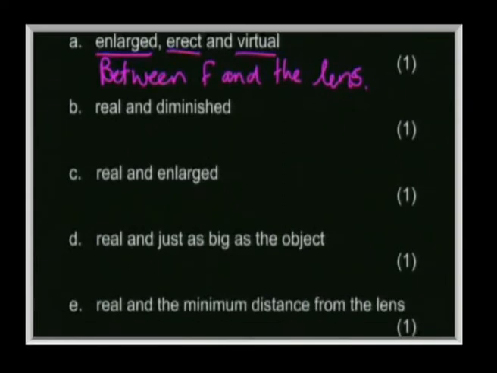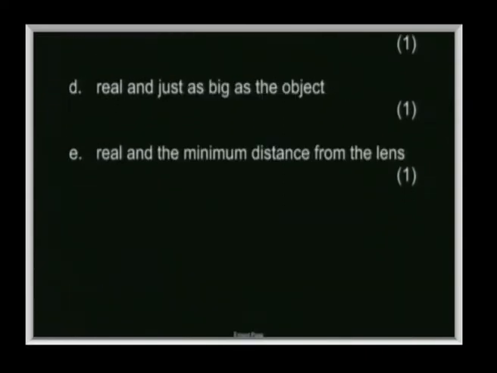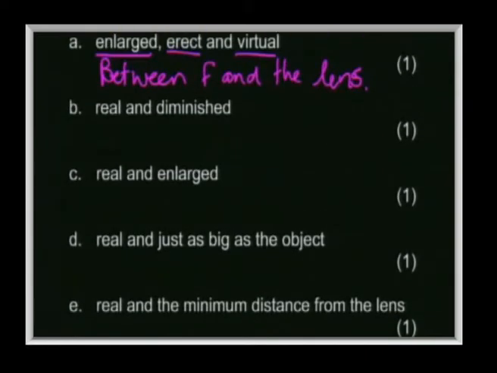If I want my image to be real and diminished, diminished over here means smaller. Now remember, the further away my object is from my lens, the smaller the image that I'm going to see over here. So if I have an object over here, my image is going to be really small. As I bring my object closer, my image moves away as well, but my image is going to increase in size.